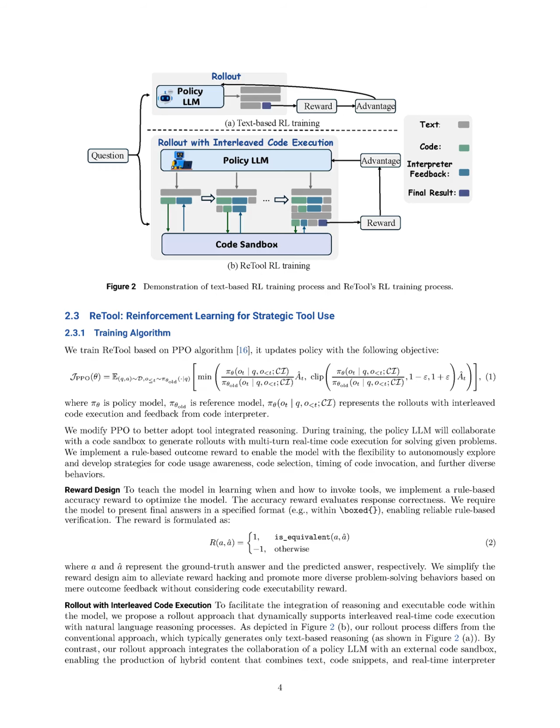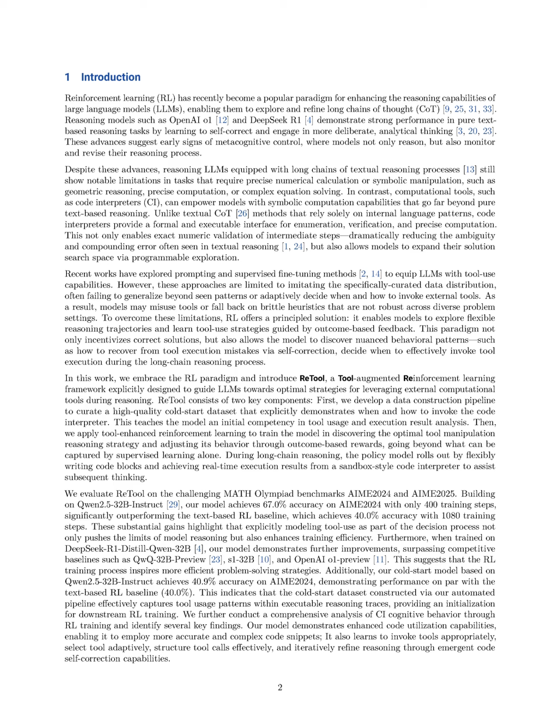2. Reinforcement learning phase. In this phase, ReTool employs a modified proximal policy optimization (PPO) algorithm to train the model. The policy model collaborates with a code sandbox to generate rollouts that include interleaved real-time code execution. A rule-based accuracy reward system is implemented to guide the model in learning when and how to invoke tools effectively.